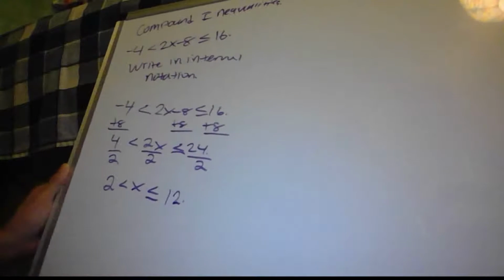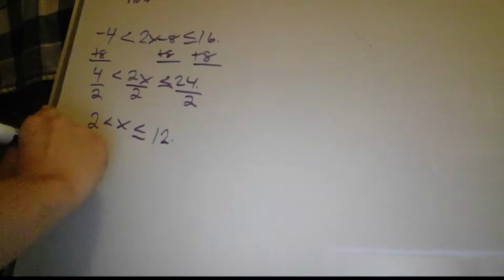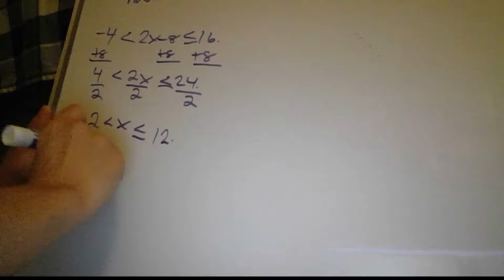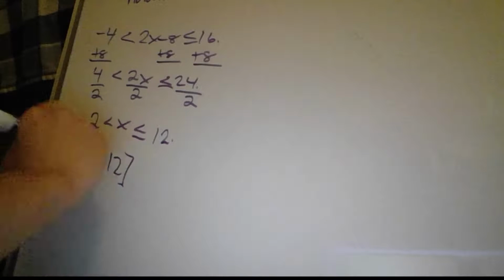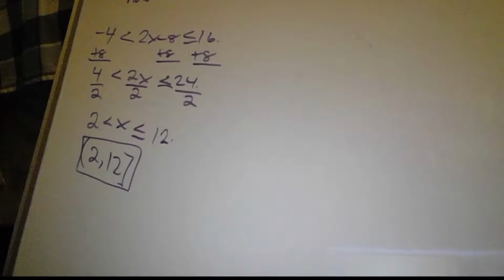So in interval notation, it would just be parentheses 2, comma, 12, bracket. Okay. That's the main idea.